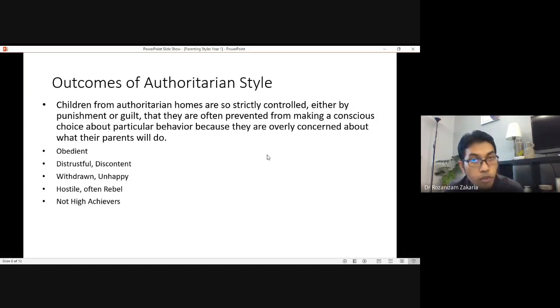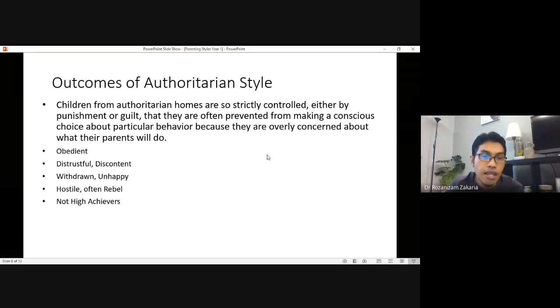So that's also possible. And contoh anak-anak askar, jadi typical kan, stereotyping pula saya. But example is dia jadi disciplined. Okay, so that's one of the outcomes. The outcome can be good, can be bad. Okay, distrustful, discontent, because they never trust their parents, they dislike their parents, so that can happen as well.